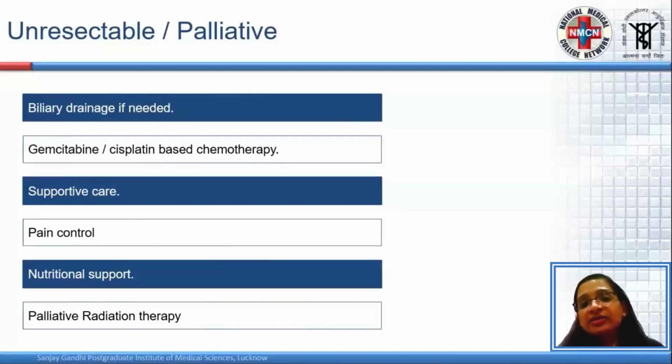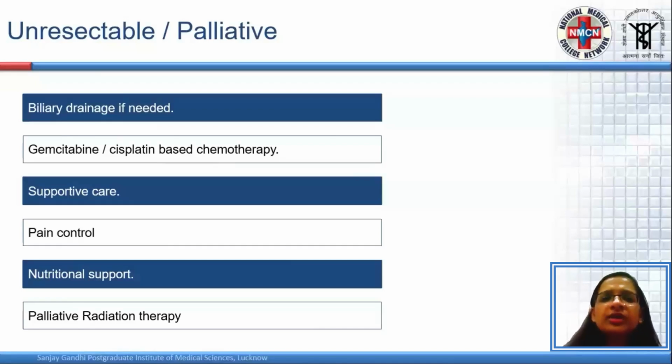If there is an unresectable advanced disease where we can go ahead only with palliation, in such patients we can go ahead with biliary drainage because these patients generally present with jaundice, loss of appetite, fever, abdominal distension. So this might help the patient in symptom control.